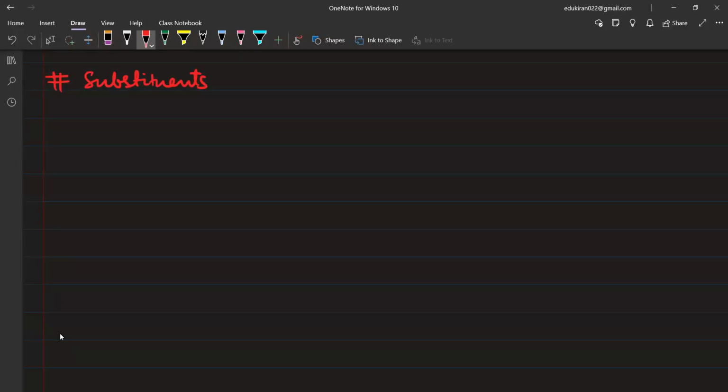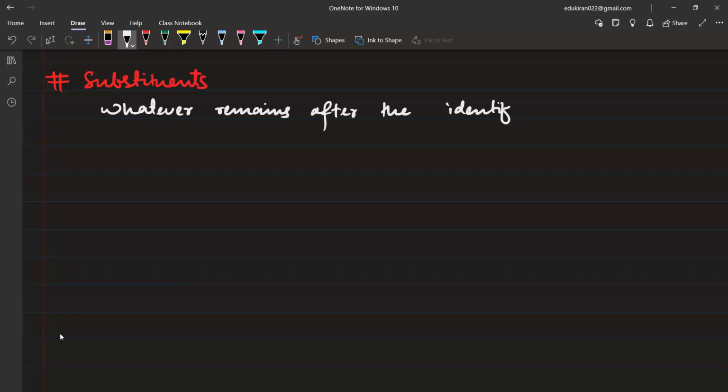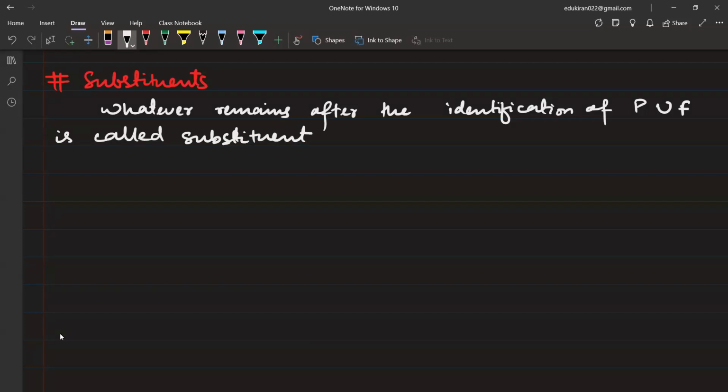Okay. So substituent, first of all, what is a substituent? Please write that. Whatever remains after the identification of parent, unsaturation, and functional group is called substituent.